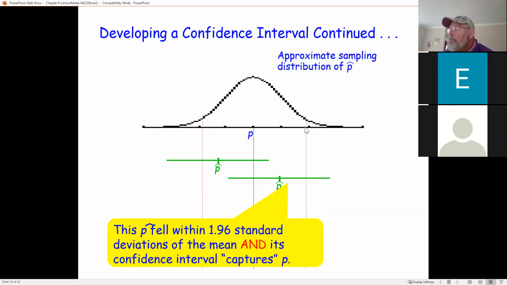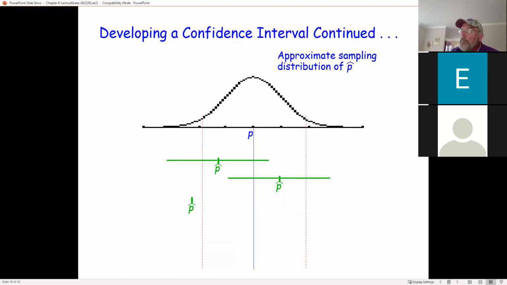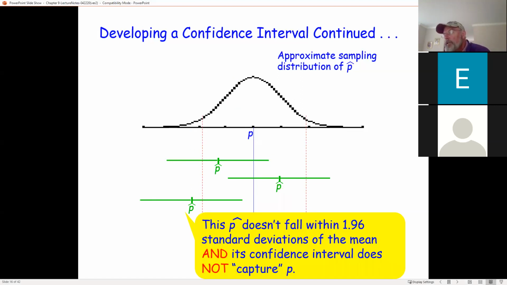And this here is the same length as this right here. Again, this interval captures the proportion that goes along with the center. This third one, though, is now outside of the confidence interval.